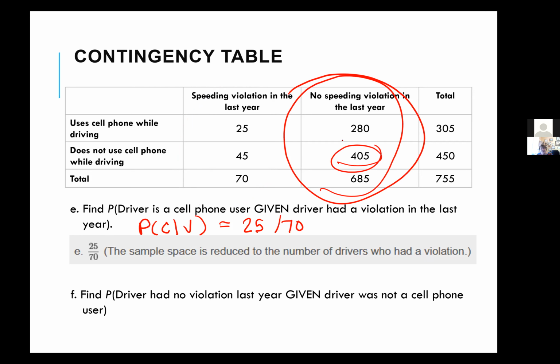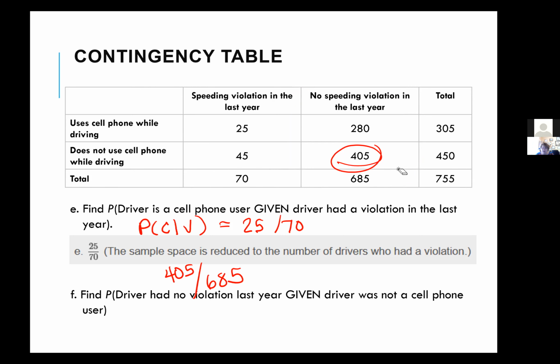So 405 people were not using their cell phone and they didn't get a speeding violation. So that's going to be 405 over the 685. Oh, wait a minute. Oh, golly goobers.